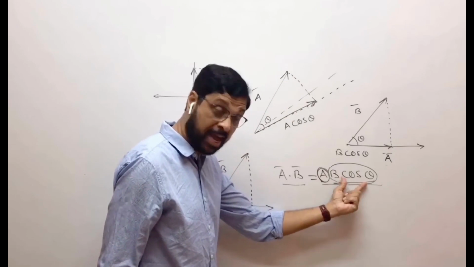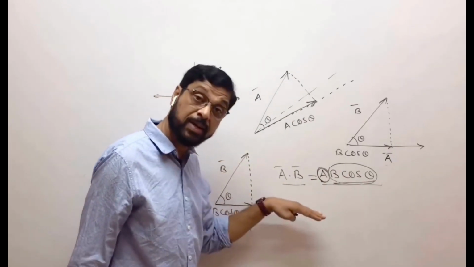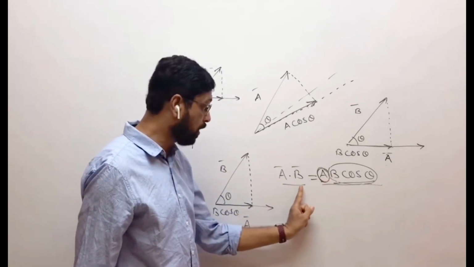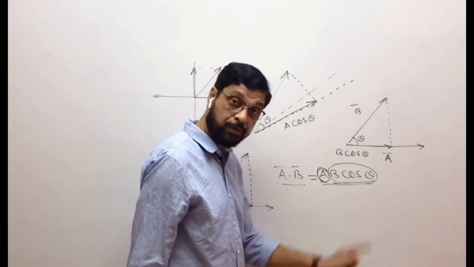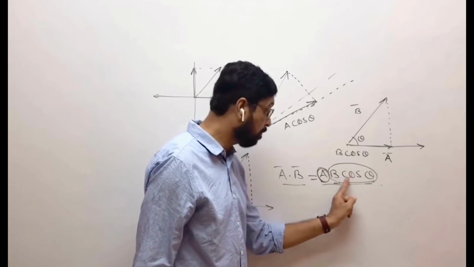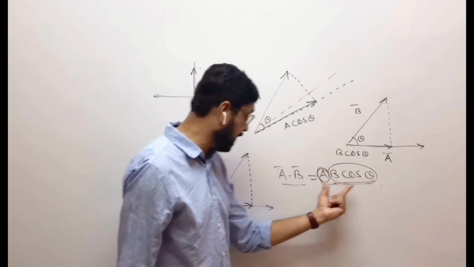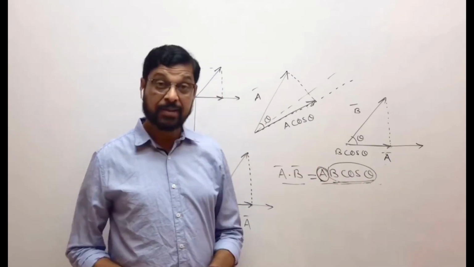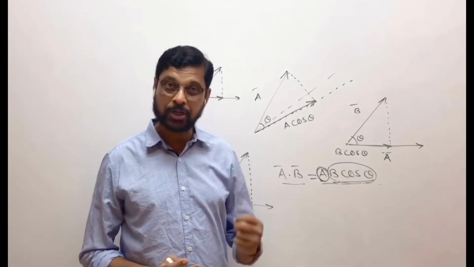B cos theta क्या है? Component of second vector in the direction of the first vector. So the dot product of two vectors is equal to the product of magnitude of the first vector and magnitude of component of the second vector in the direction of the first vector. That is the next characteristic of scalar product or dot product.